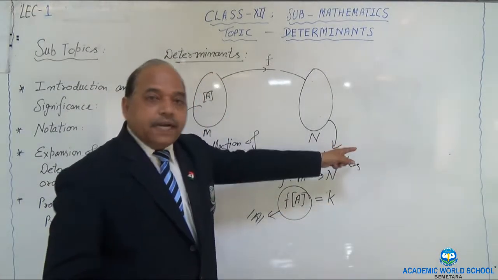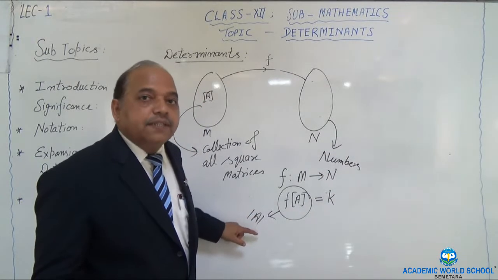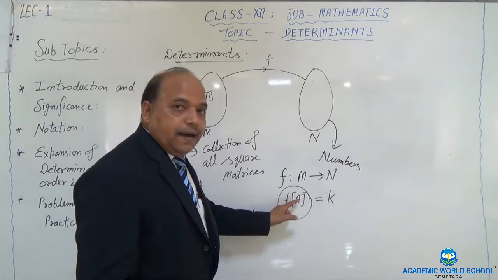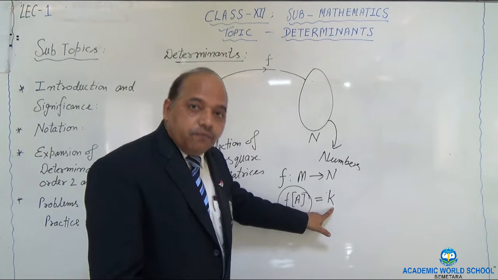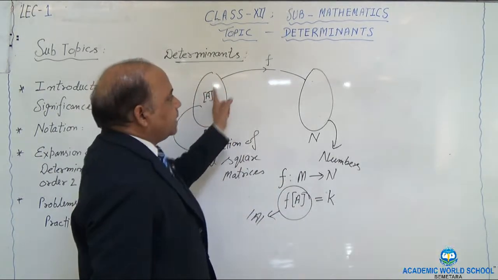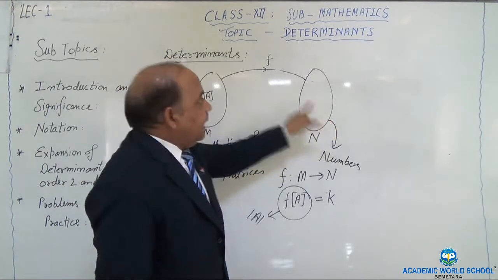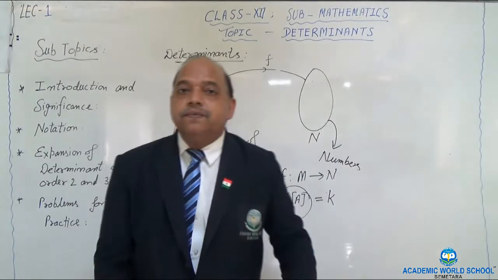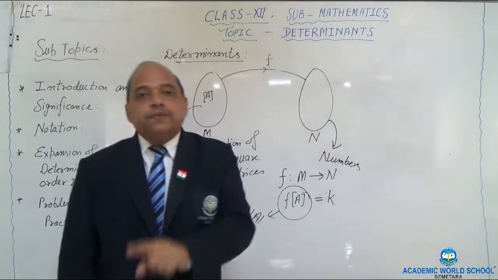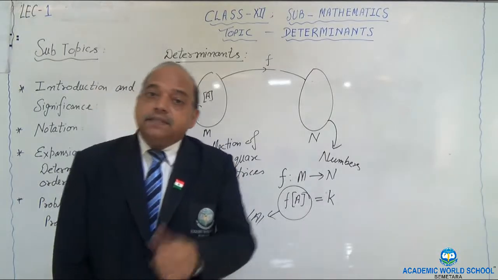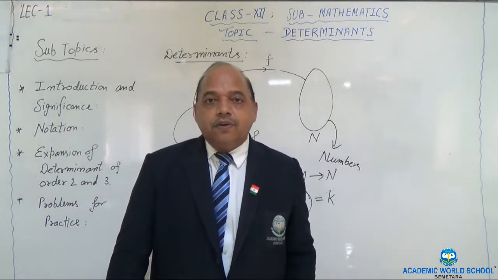We discussed that before. What is that value? It is a number. So f of the corresponding determinant has a number value. So you are connecting this with a value which is a number. If it happens, then this f stands for determinant. f stands for a determinant defined from the set of square matrices to a set of numbers. This is another way of defining the same concept.